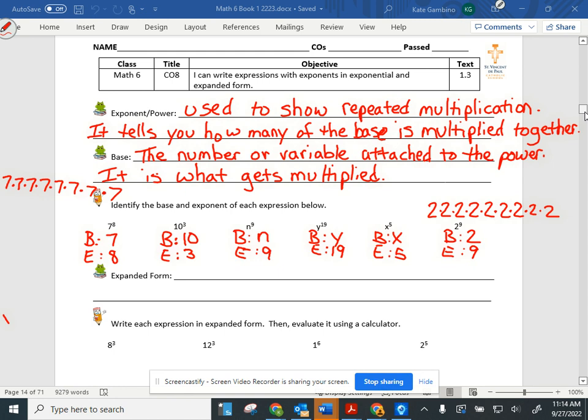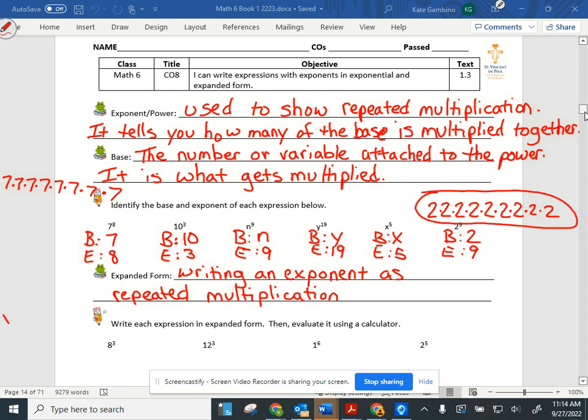Expanded form is when we're writing an exponent as repeated multiplication. So what I've been showing you. When we write it all out, that is expanded form. We took the exponent, 2 to the 9th power, and I wrote it out.